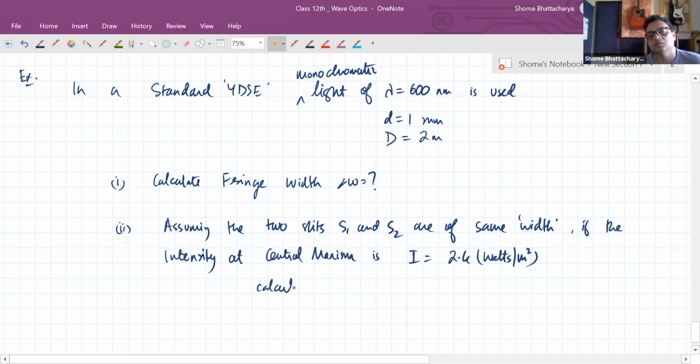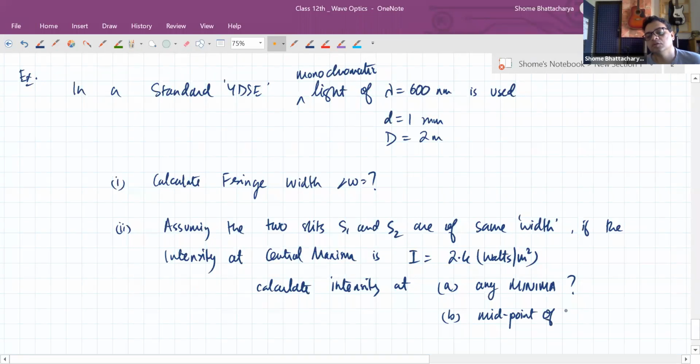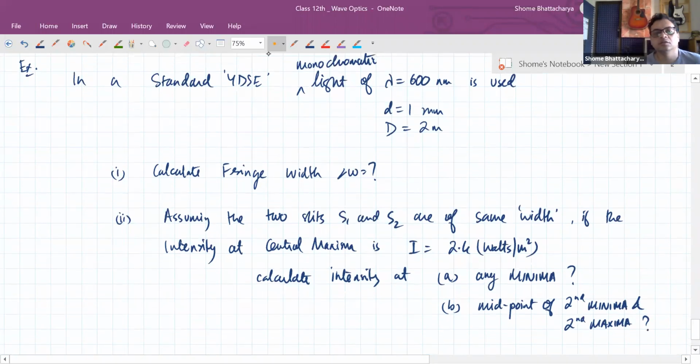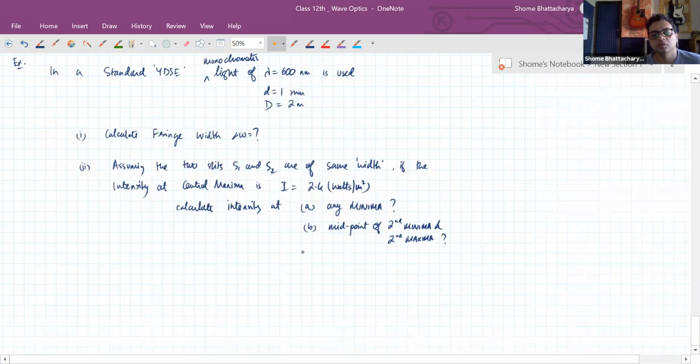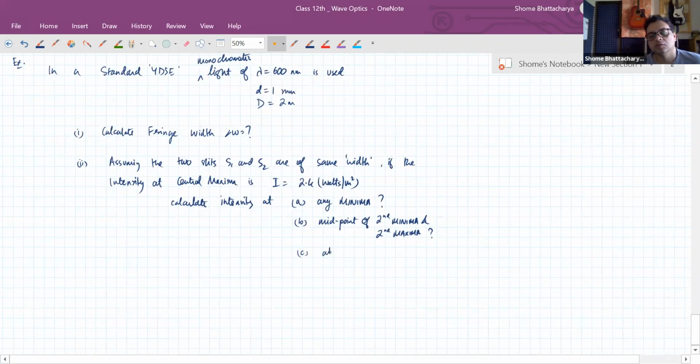Calculate intensity at any minima, the midpoint of second minima and second maxima. Okay. And okay, so just start this question, work it out all of you.